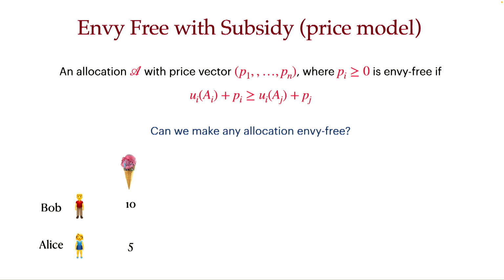This will of course be the first thought, that I can give any price, right, but there is a problem. Let us say this is my allocation. I have given ice cream to Alice but nothing to Bob. Bob envies Alice.